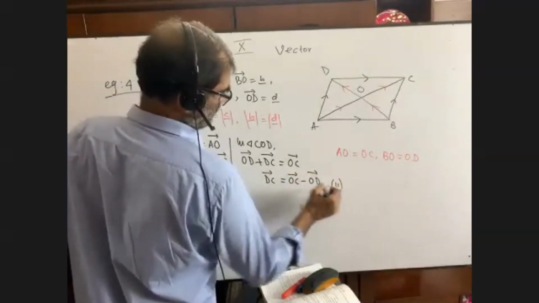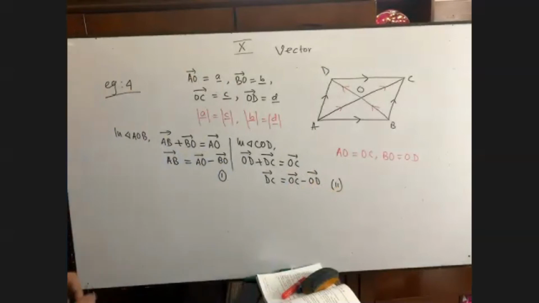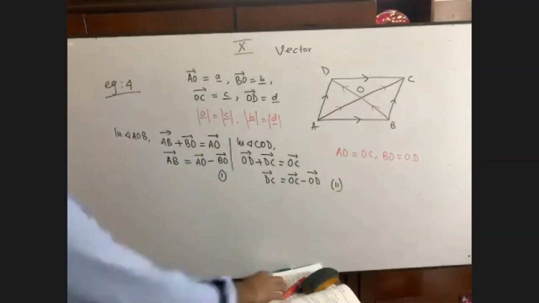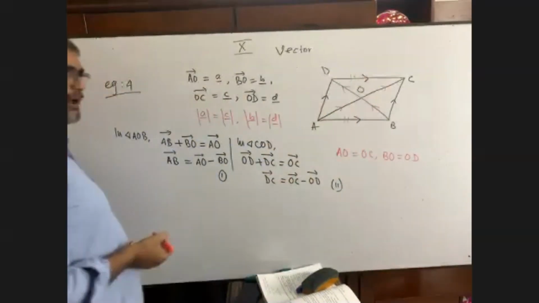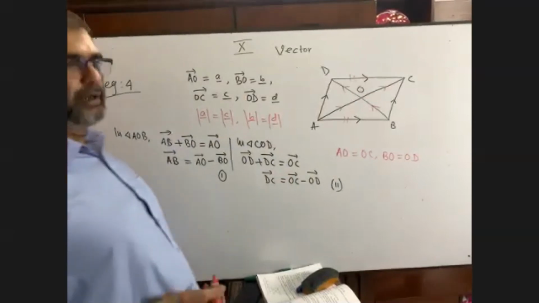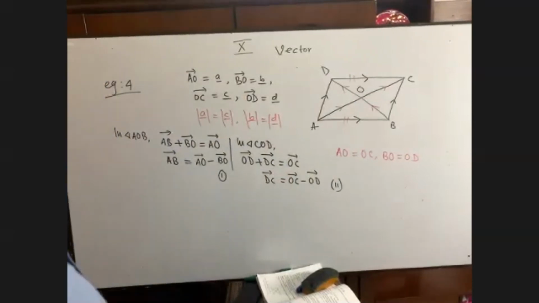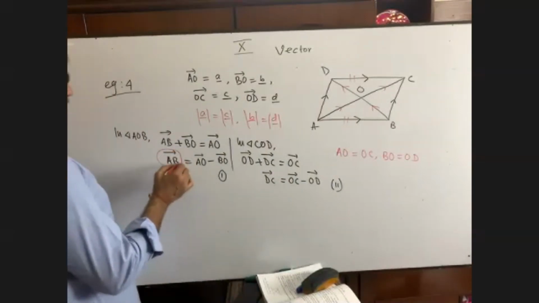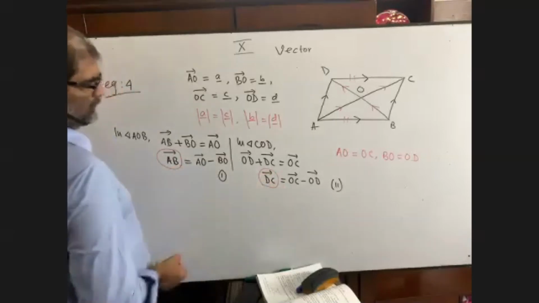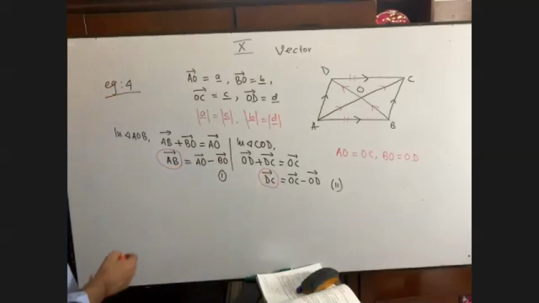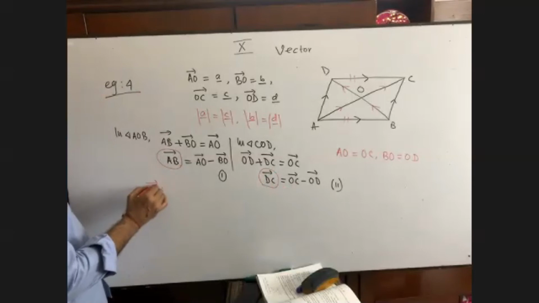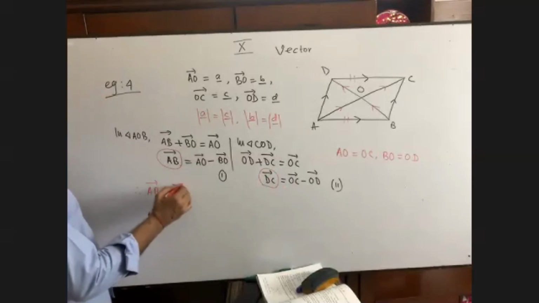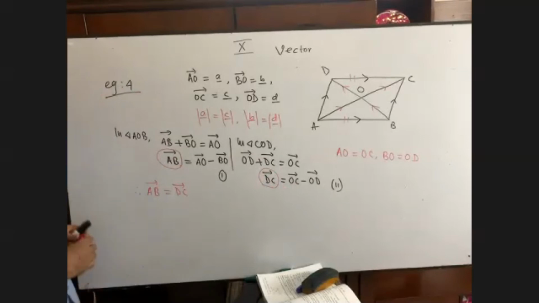Actually, what is happening here is that as it is a parallelogram, we get AB and DC having equal, right? Because opposite sides of a parallelogram are equal and parallel. So the left hand sides of 1 and 2, AB and DC, they are equal, right? ABCD is a parallelogram. So we can write AB is equal to DC. Talk to me. Now, what is the value of AB?